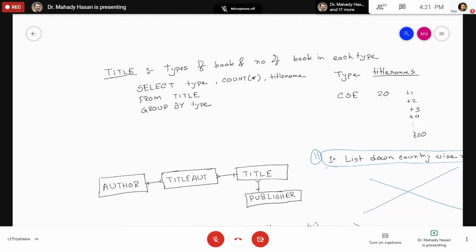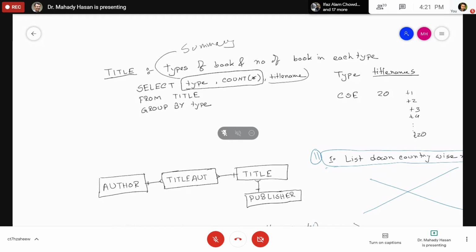The reason behind it, this one is making it aggregated, right? It combines, it summarizes, so this has been used for summary, isn't it? And this one is making things more detailed. So this is a summary information.